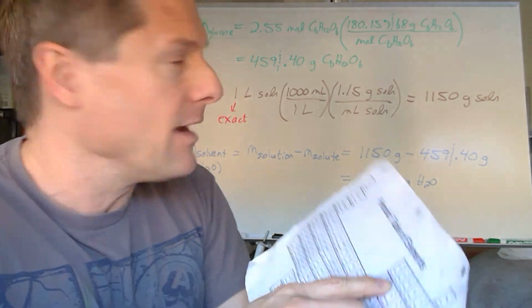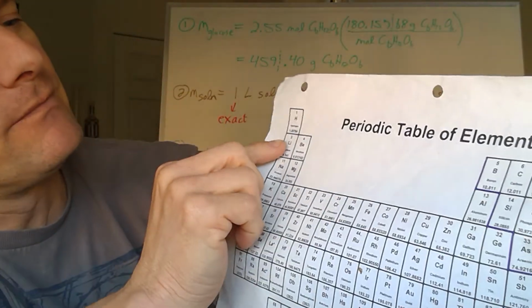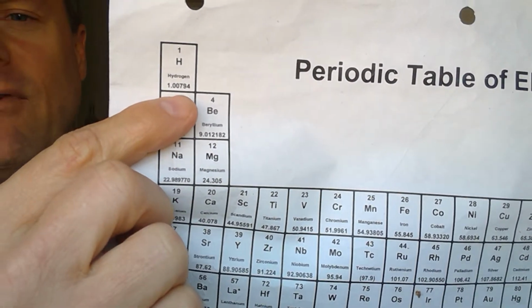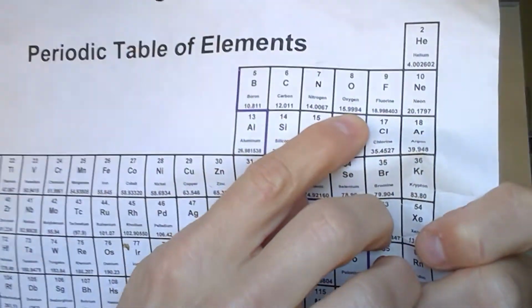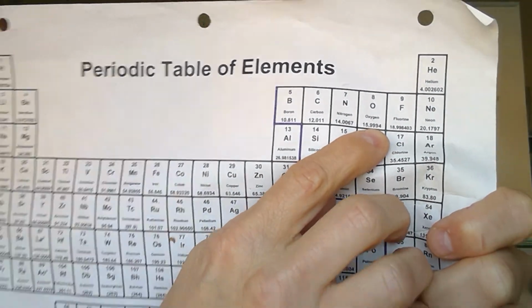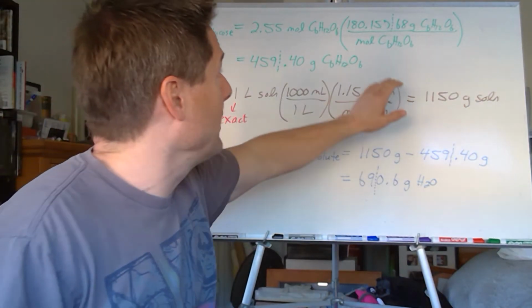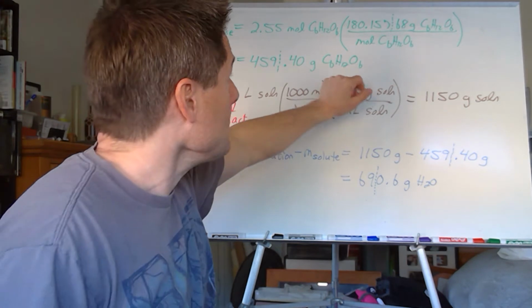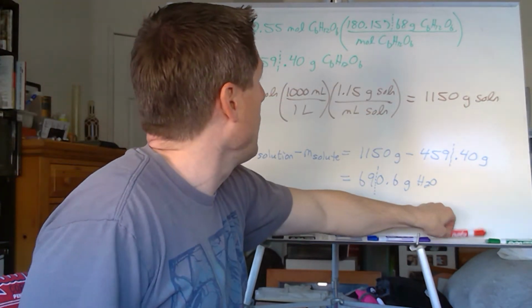I should probably convert to that, huh? So that would limit me to 3 decimal places. My hydrogen, 1.00794. So times that by 12, times the carbon by 6, and my oxygen is 15.999994. Times that by 6. Add them all together, limited to 3 decimal places because of the carbon. And so take 2.55 times that molar mass, so you can see the moles cancels out.